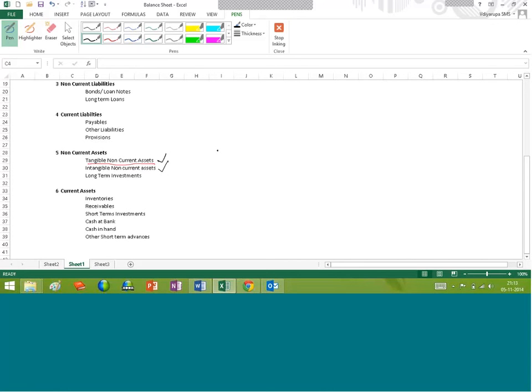Take a tangible non-current asset, say for example, a machinery. This machinery is tangible in nature. We have procured the machinery now. The same machinery is to be used, say for example, with a useful life of 15 years. Value of the machinery is 1.5 crores of rupees.